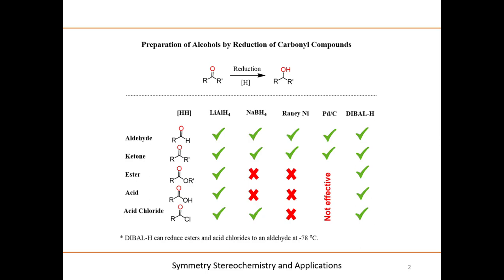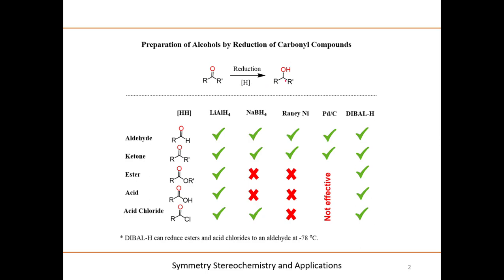Today we are going to discuss reducing agents and the products formed by the reactions. Here you can see that this ketone or carbonyl group is getting reduced by some reagent to alcohol.